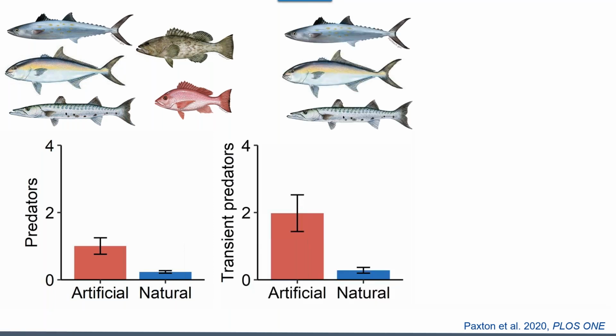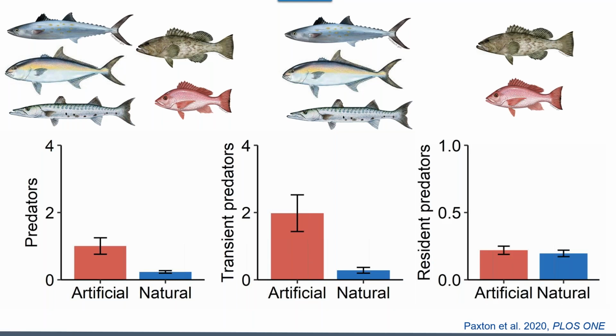And when we broke it down by the type of predator, first, when we looked at the transient predators, you can think of these as the quick moving, usually water column associated, sometimes pelagic predators, we found that they were really driving this pattern, whereas the resident or demersal species like snapper and grouper, for example, exhibited similar densities by reef type, and so were not driving this pattern.